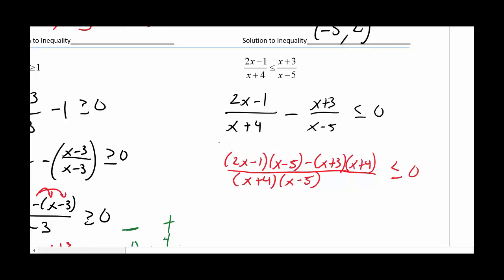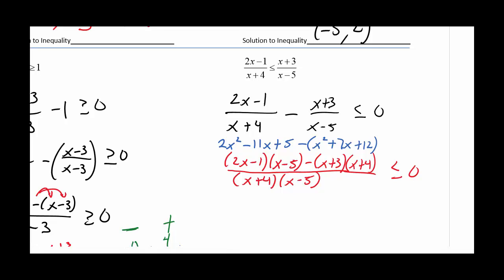We get 2x squared minus 10x minus 1x, so minus 11x plus 5. Then we have that minus. If I multiply out the x plus 3 and the x plus 4, I get x squared plus 4x plus 3x, so plus 7x plus 12.